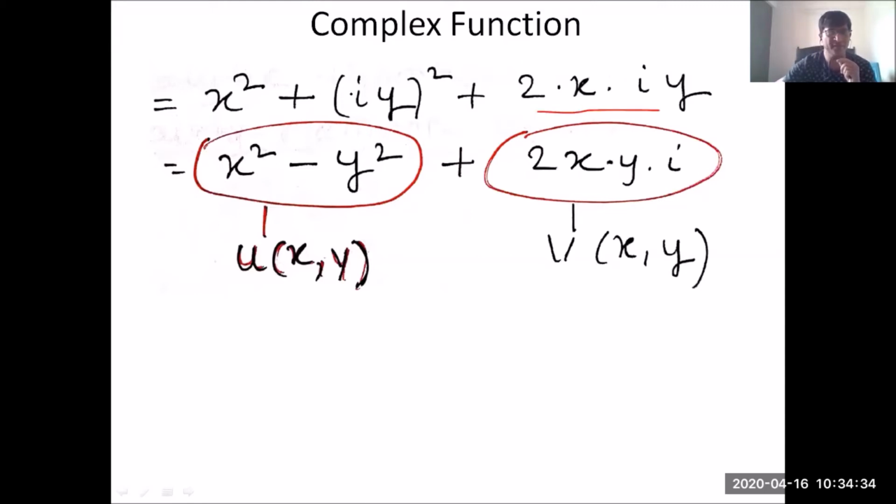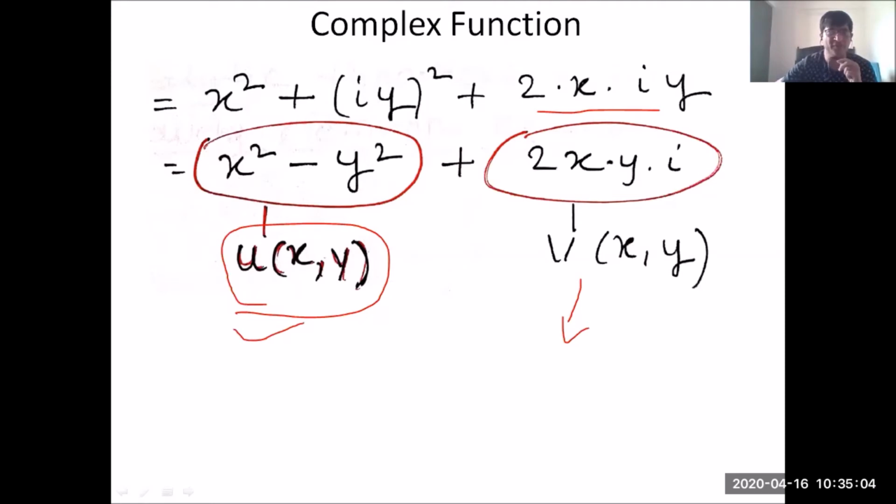Since i square in complex numbers is negative, we have x square minus y square. This term would be your real function part, which is again defined in terms of both x and y. The rest of the term, which is 2x dot yi, is now termed your imaginary part, which is again defined in terms of x and y. So this is how we actually define a complex function.